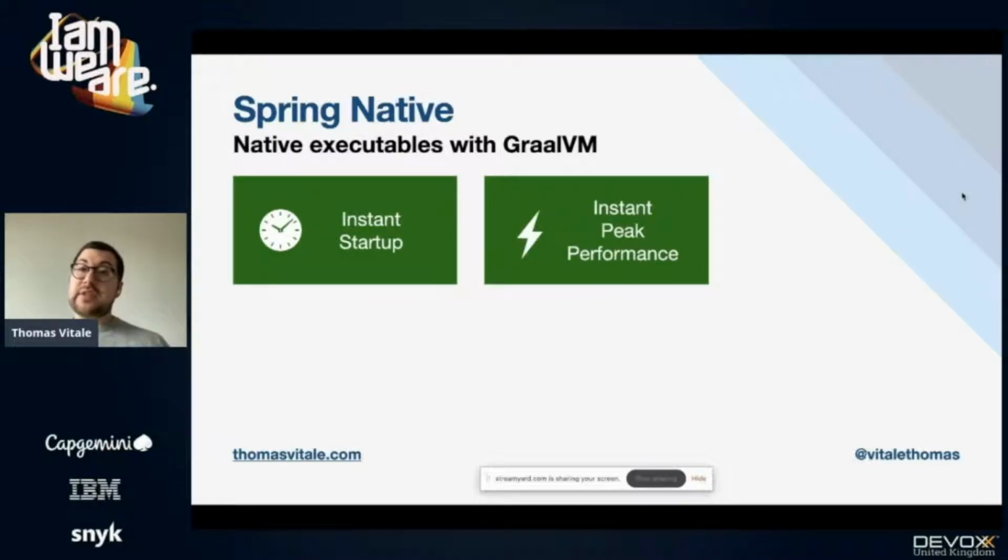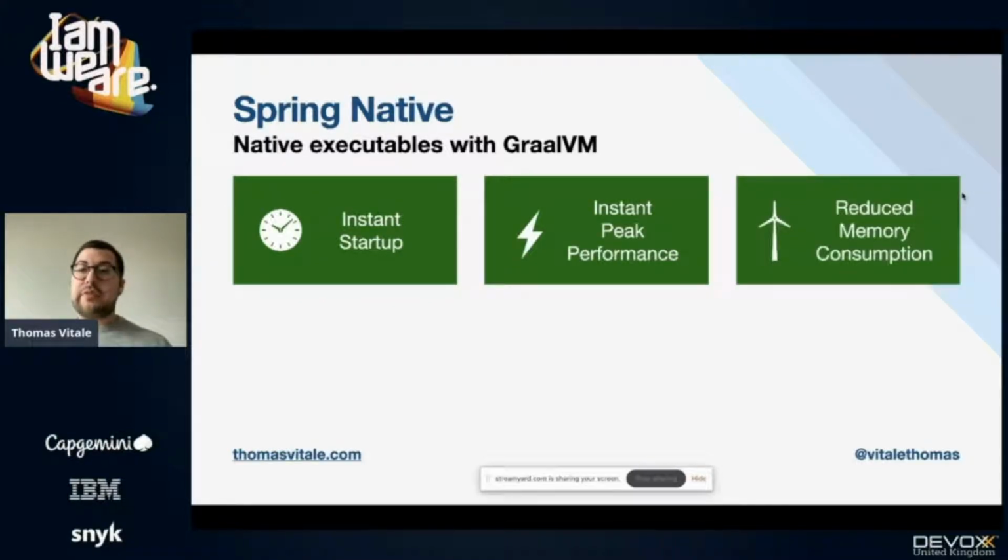Then we can achieve instant peak performance and also a reduced memory consumption because we are moving a lot of the computation that on the JVM happens at runtime, we want to move it at build time. So we reduce the startup time and reduce memory consumption.